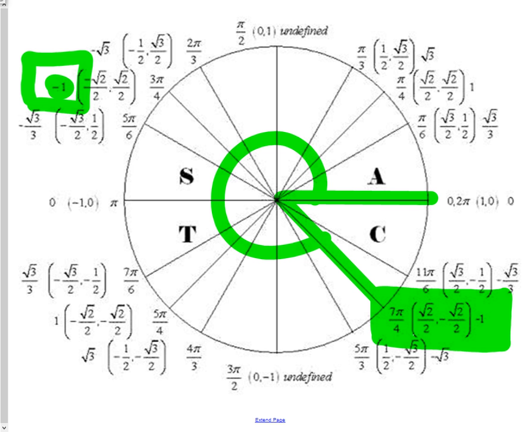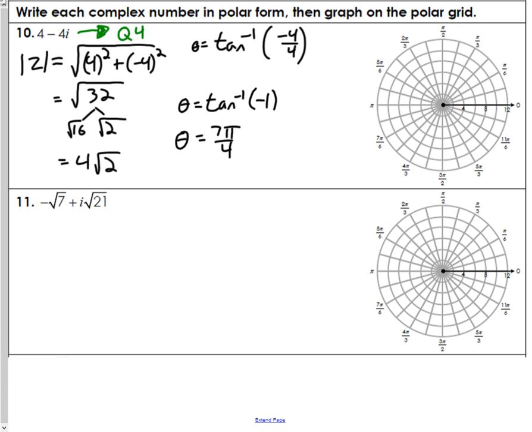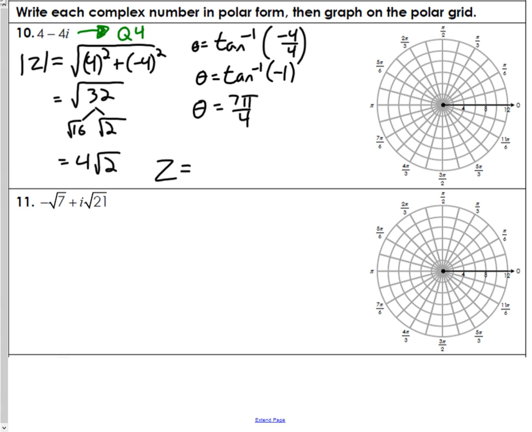So that's going to be 7 pi over 4. Swinging on back, so theta is 7 pi over 4. So putting this all together, our complex number z has an absolute value of 4 root 2. Again, that's coming from all of this work here.